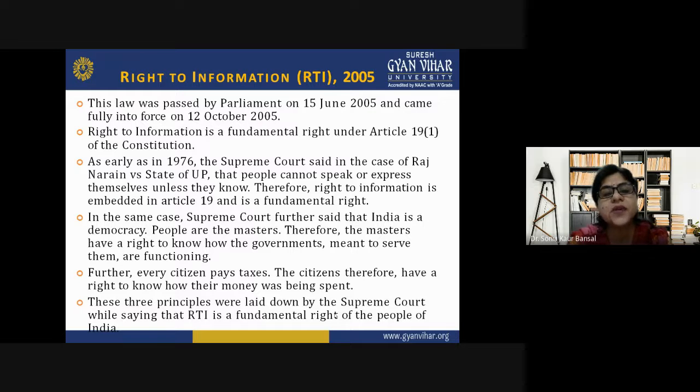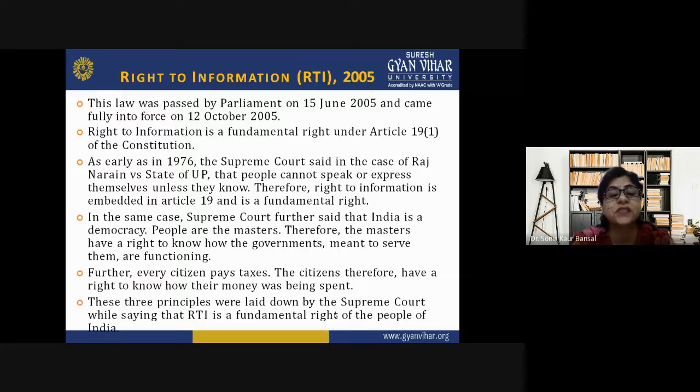So in the same case, the Supreme Court further said that India is a democratic country. And here the people are the masters. Therefore, the masters have a right to know how the government meant to serve them is functioning. Now, a common man can ask the government how they are doing a particular thing.